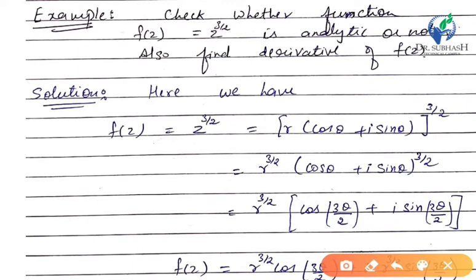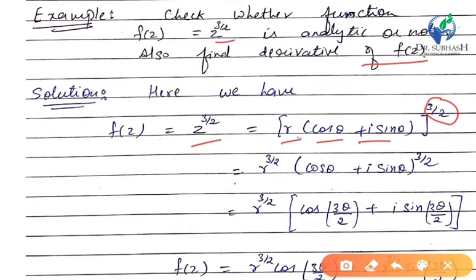Check whether the function f of z equal to z raised to 3 by 2 is analytic or not. Also find the derivative of f of z. See, now here f of z equal to z raised to 3 by 2. Now we already know the polar form of z, that is r (cos theta plus i sin theta). Now we can write this power in different brackets, as there is a multiplication sign between these two terms.